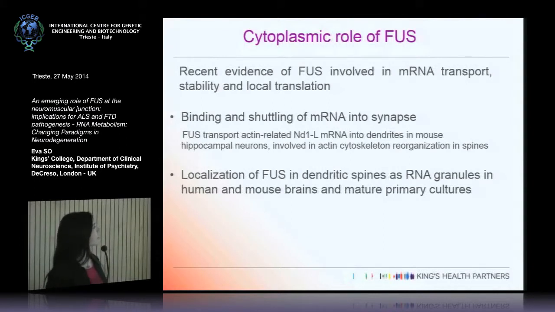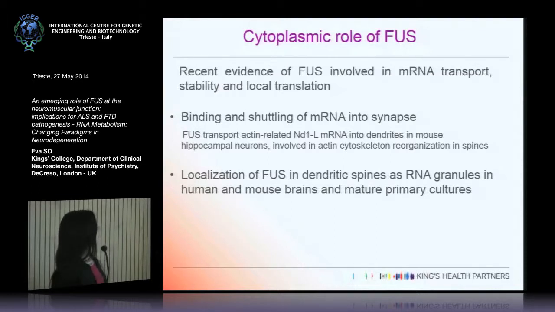For example, this target NDRG1 mRNA, studies have shown FUS transports this mRNA into the dendrites in different cells, and this is involved in actin cytoskeleton reorganization in spines. And also the localization of FUS in the dendritic spines was shown as RNA granules.